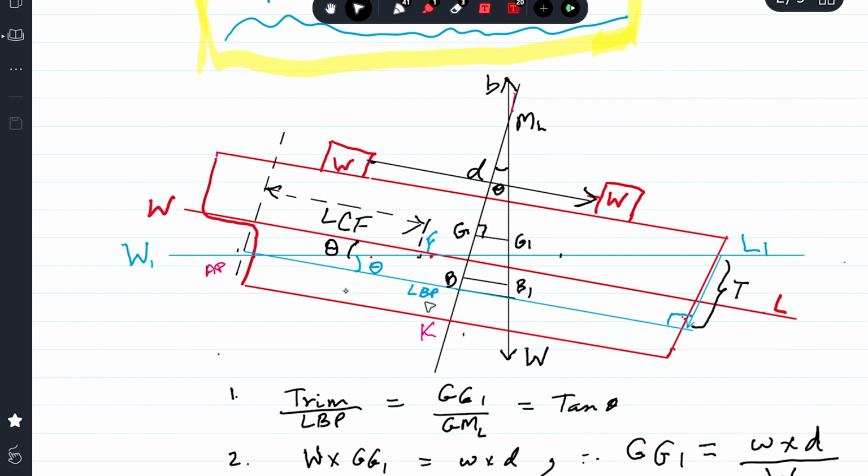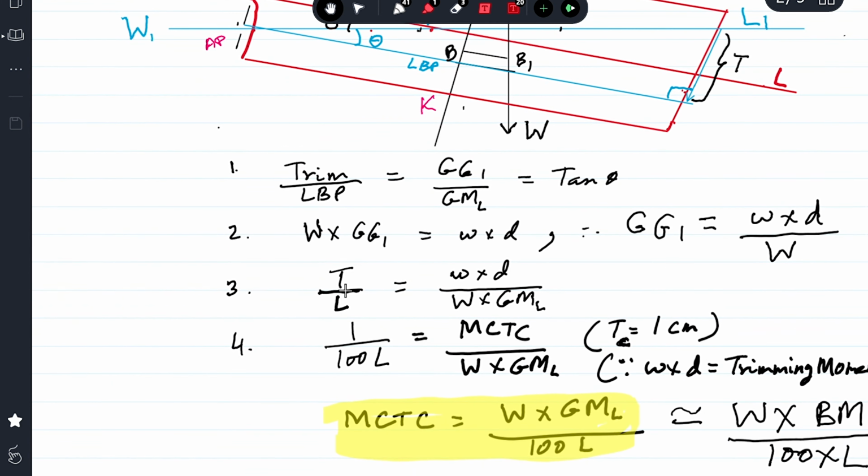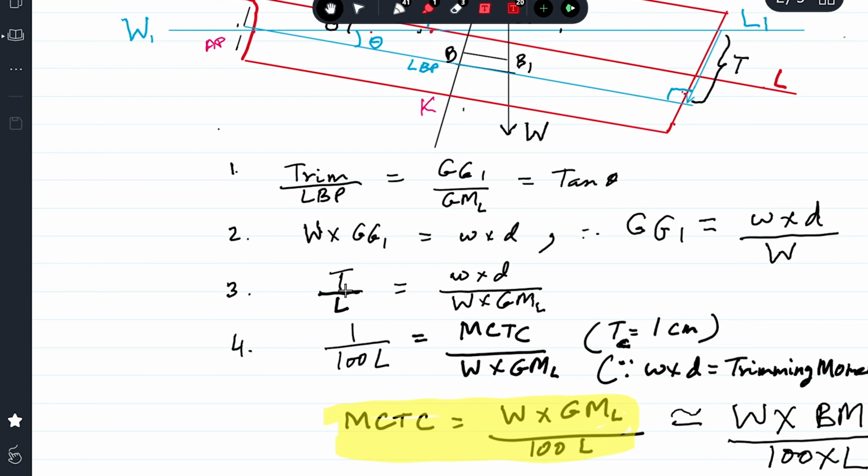Now in the big triangle, if I divide trim by LBP, it is tan theta. Whereas in the small triangle, GG1 upon GML is also tan theta. So trim upon LBP is equal to GG1 upon GML, both are equal to tan theta.